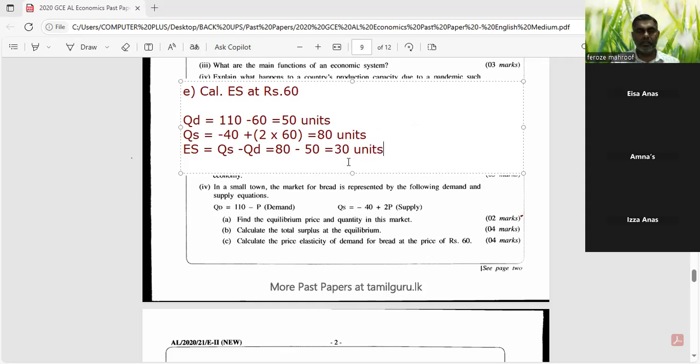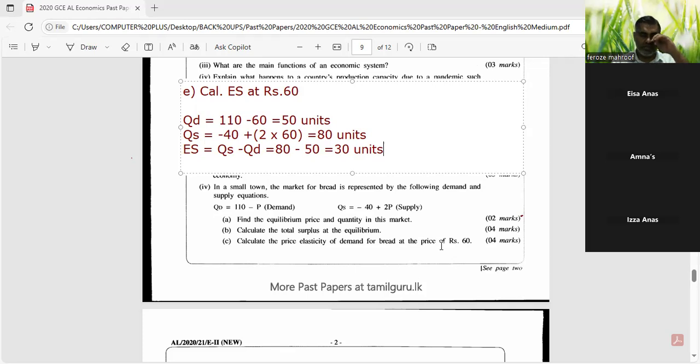Okay. So you must remember well that at a price that is not the equilibrium, excess demand or excess supply will come. I have told this before also. Now calculate the excess supply at 60 rupees. What is the reason? The market equilibrium price is 50, but the price given is 60. Equilibrium price is 50, but at 60 excess supply will come. So whenever a price is fixed above the equilibrium, there will be excess supply.